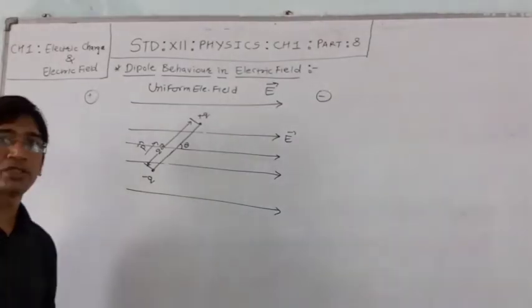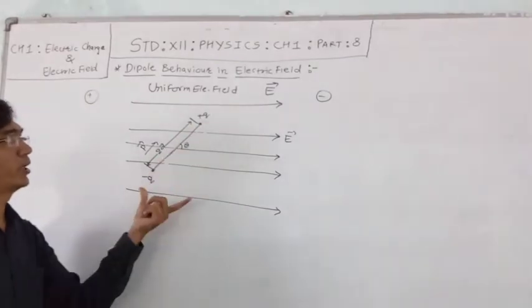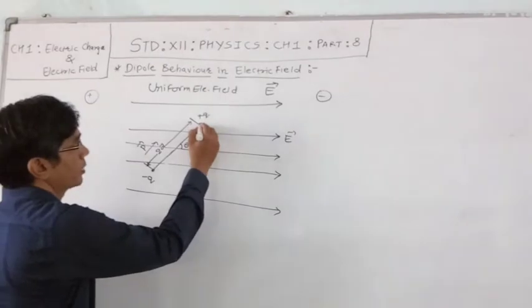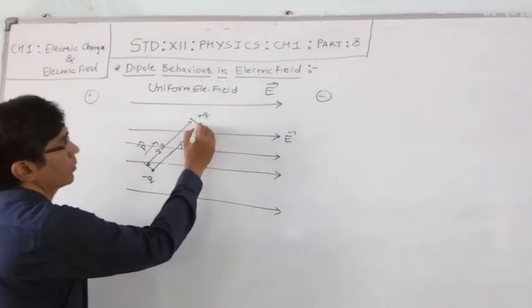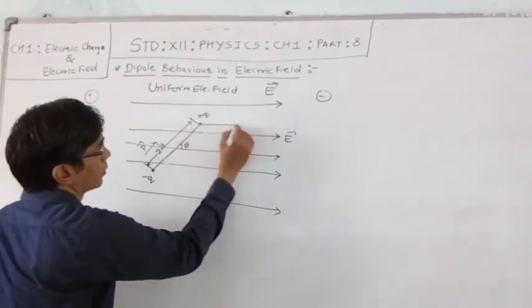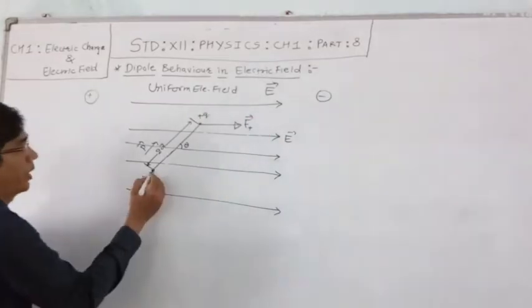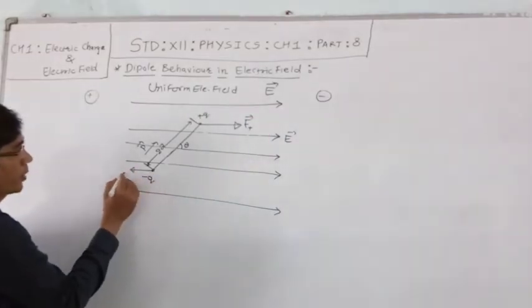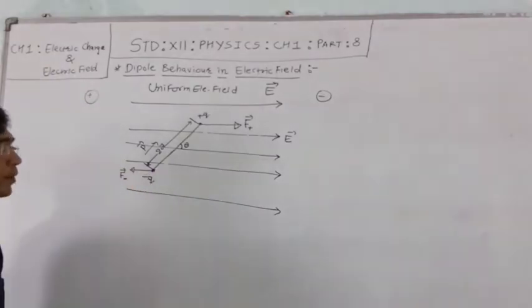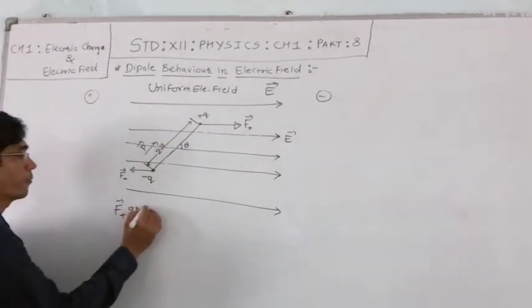The charges are plus q and minus q, and the electric field exerts force on these charges. The electric force exerted on the plus q is towards the negative polarity of the electric field; this is F plus. F minus is the force exerted on the minus q charge.